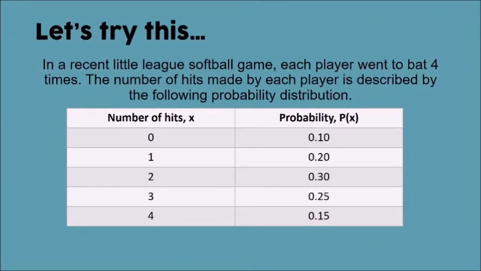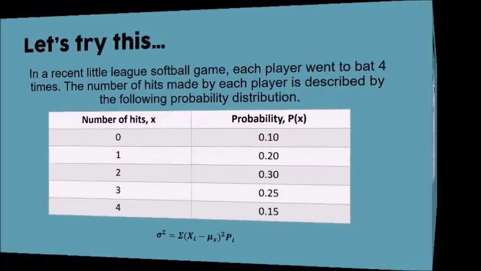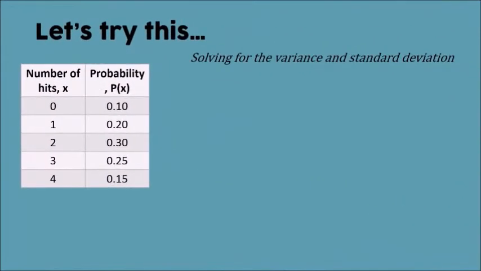So let's try the same example. Solving for the variance and standard deviation. From the formula, the value of the mean is needed in order to solve for the variance. Hence, that is why 2.15 is located here for reference. Now let us start substituting the values from the probability distribution to the formula.